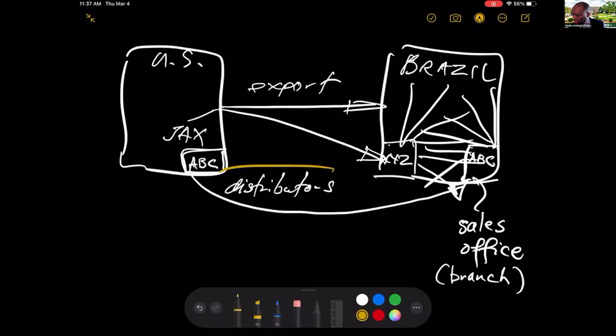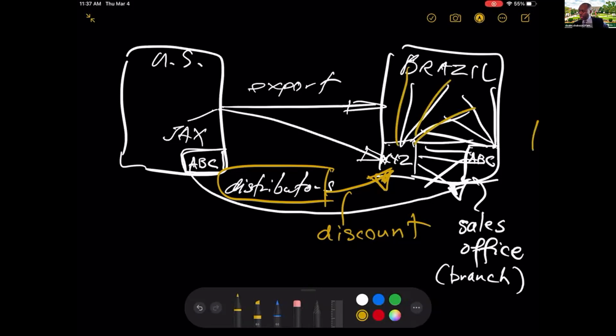In this situation here with the distributors, that's a separate company. They're not related to your company. They're just taking your products. They get a discount. They are actually trained on your product. They're trained to support your product and then sell them in their distribution channel.